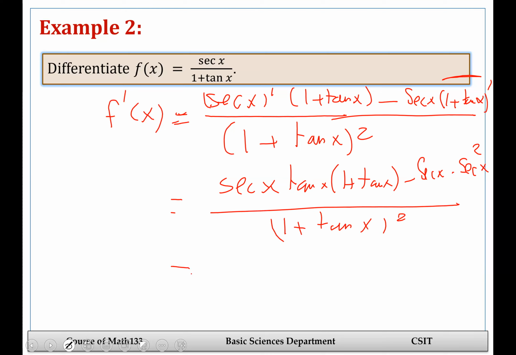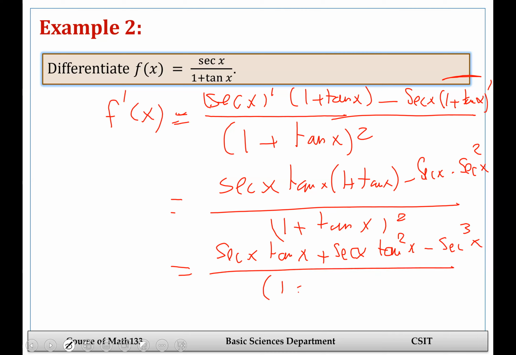Now we expand. So we will have secant x times tan x plus secant x times tan squared minus secant cubed, over 1 plus tan x squared.